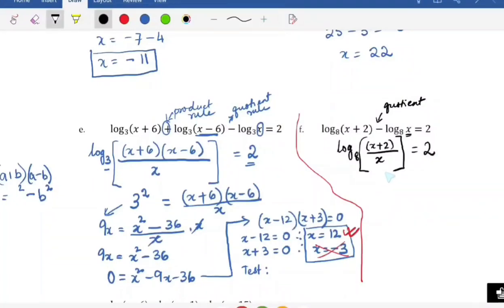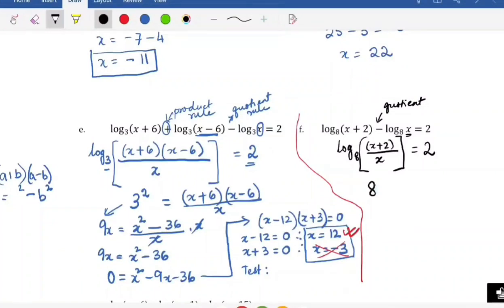So now that we have a single term on both sides of the equation, we have to write this in exponent form. So we have to change the logarithmic expression, the entire equation, and rewrite it in exponent form. So the base is 8 for the logarithm, and it's going to be the same base for the exponent.